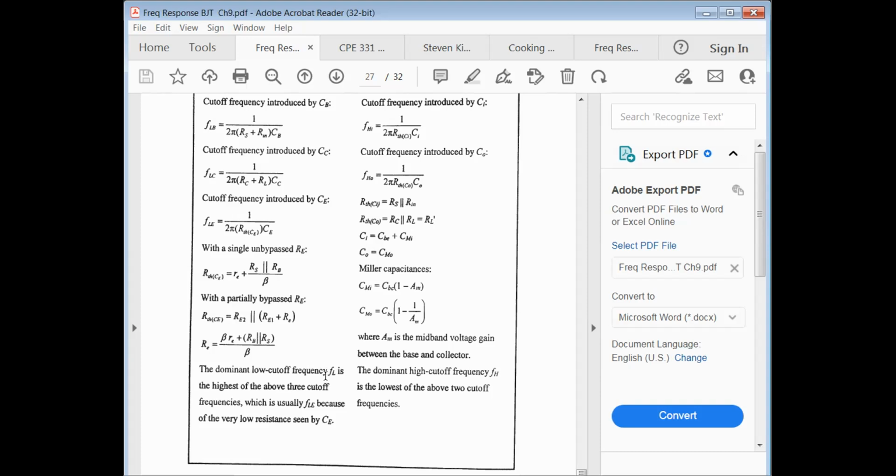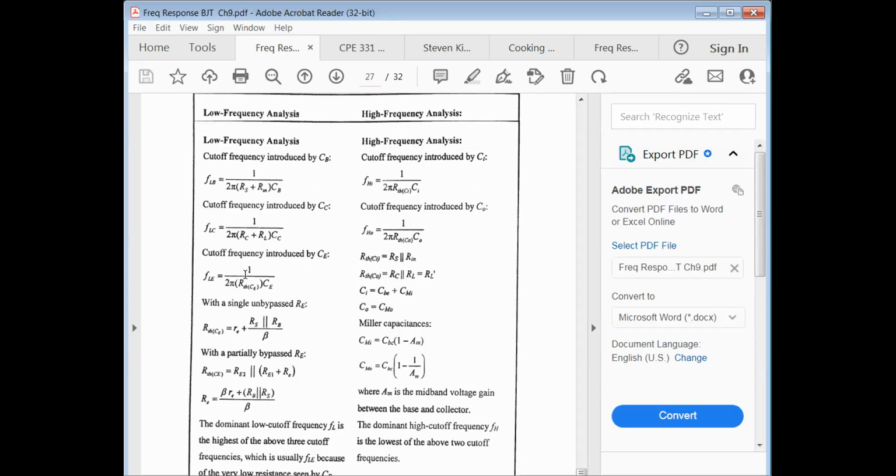And so here, the dominant low frequency cutoff frequency FL is the highest of the above three cutoff frequencies, which is usually FLE because of the very low resistance seen by CE. So your CE capacitor usually sees a very low resistance, and the lower the resistance, the higher in frequency it is going to be compared to the other poles.